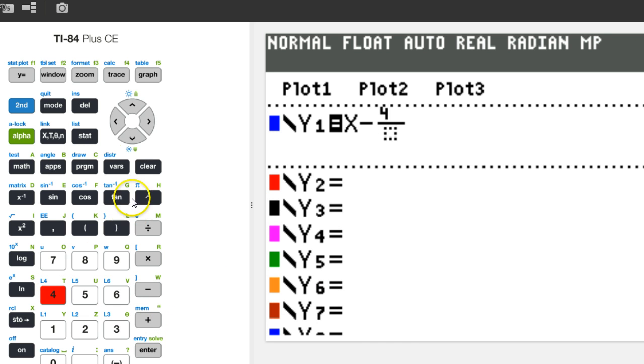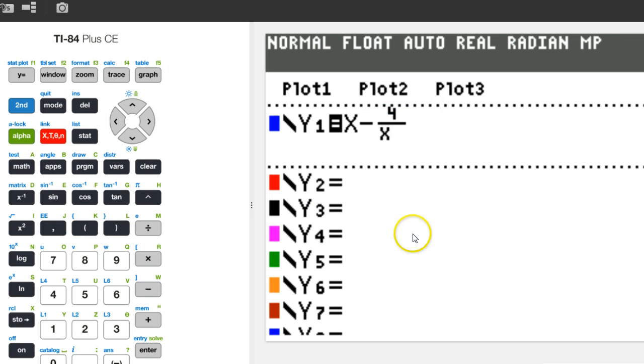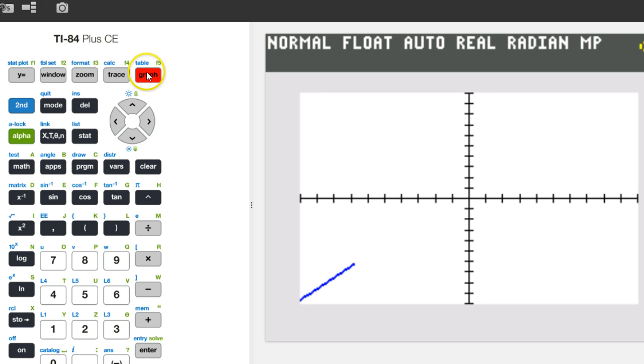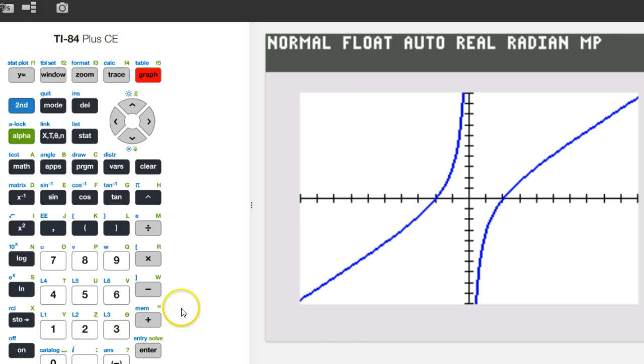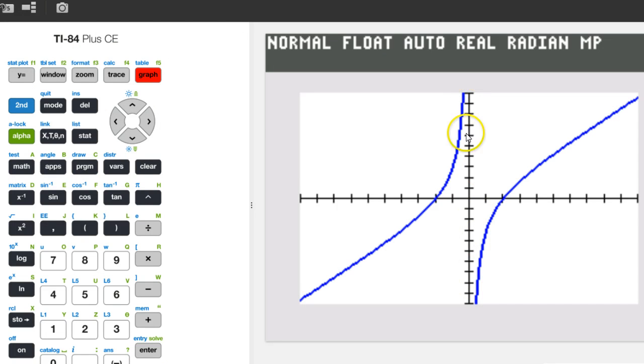And so we have 4 over x, right? So that's my first equation. I'm going to go ahead and hit graph just so I can take a quick look, see what it looks like. Alright, interesting. Okay, so there seems to be a vertical asymptote at 0, and that's what's going on here.